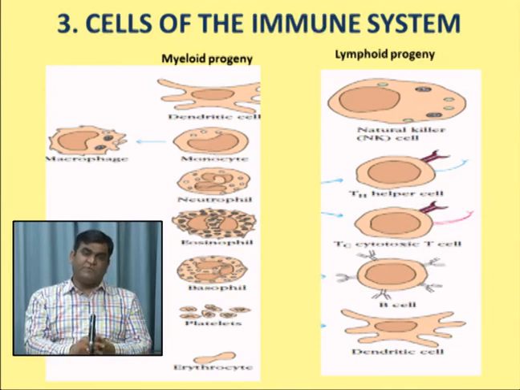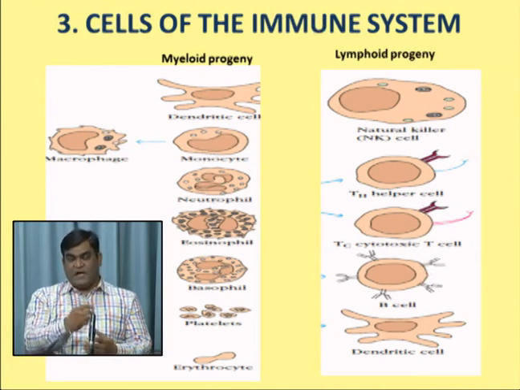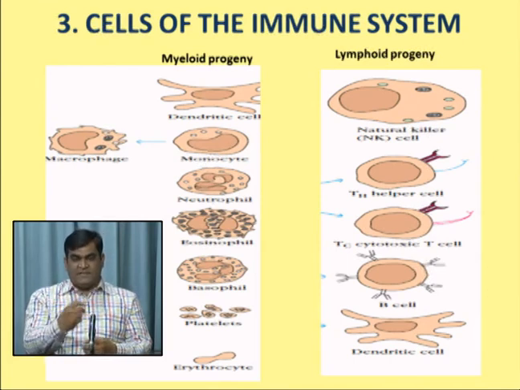The myeloid progeny can also give rise to granulocytes. There are three different kinds of granulocytes: eosinophils, basophils and neutrophils. They have attained these names because of their nature. If they are stained by acidic dyes, they are called acidophils or eosinophils.